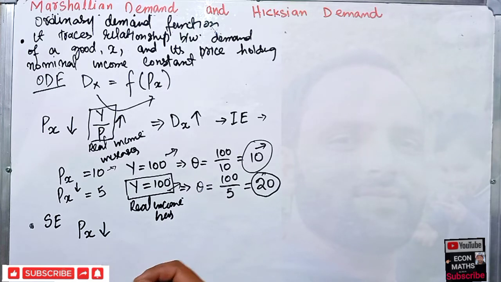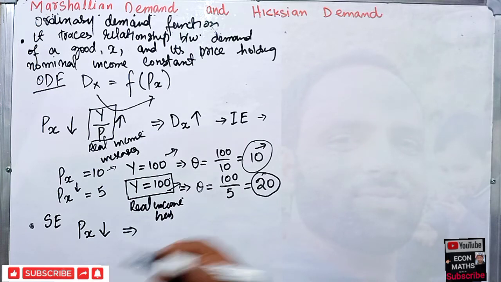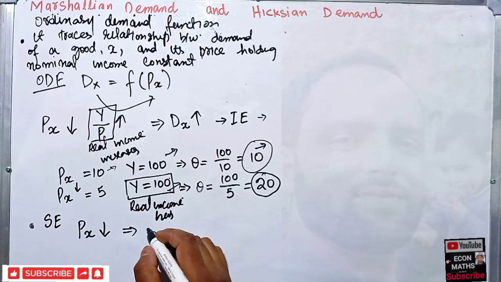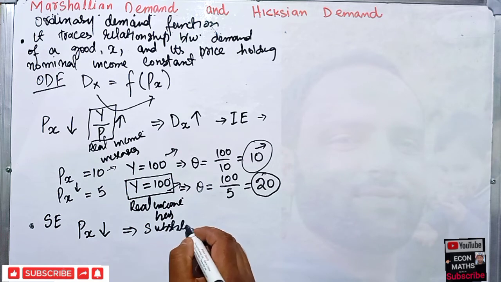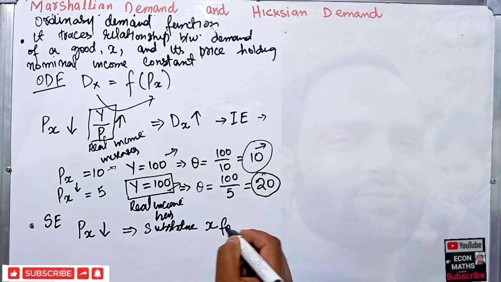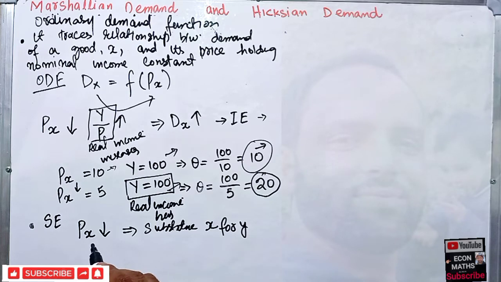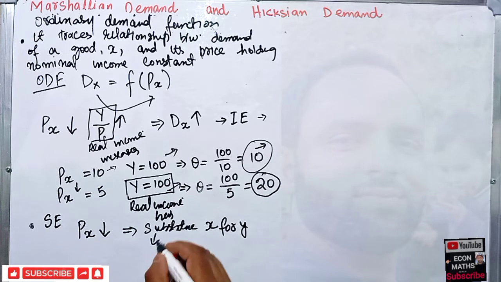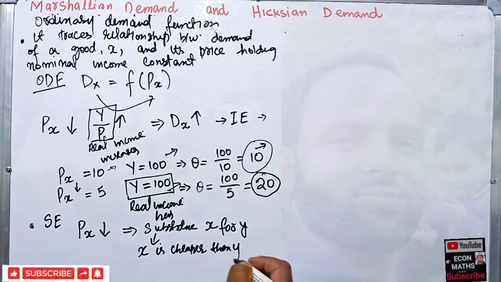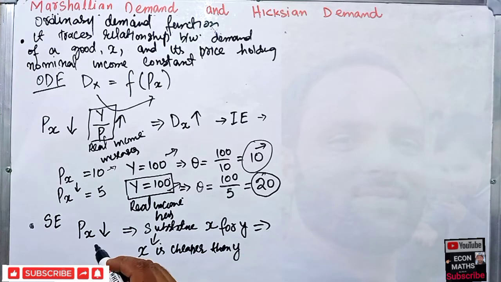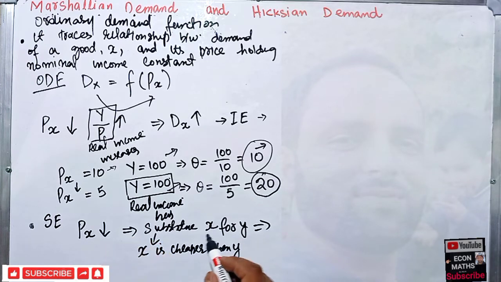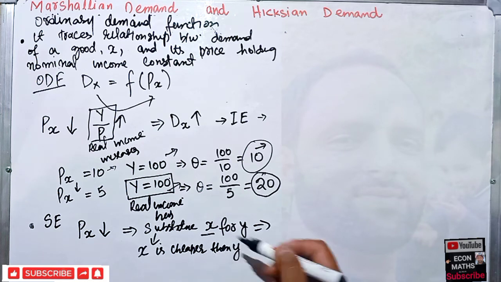Now this simply means that the consumer can substitute good X for any other good, let us say Y. That means X is cheaper than Y. So when the price of the good decreases, the consumer can substitute X for Y, because now X is comparatively cheaper than other goods.